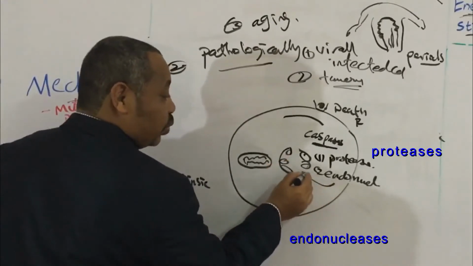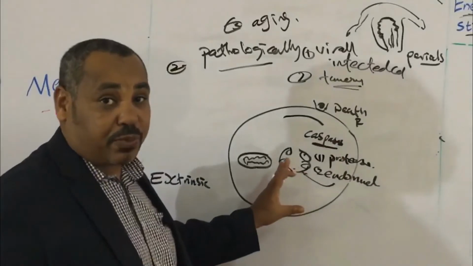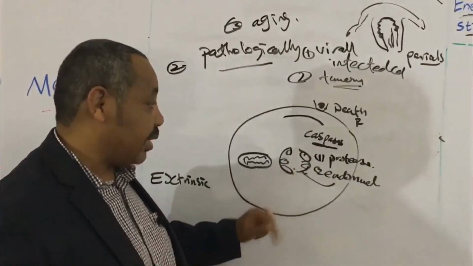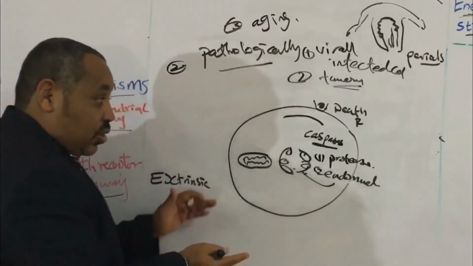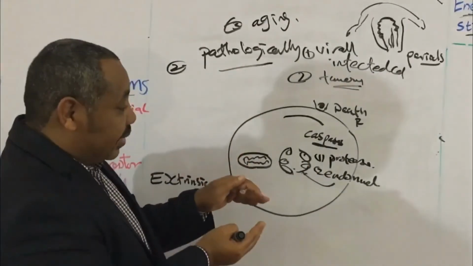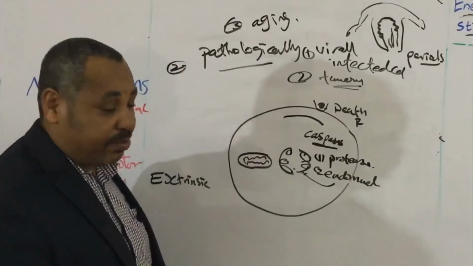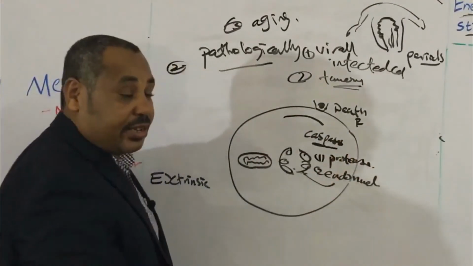Proteases digest a lot of structural and functional proteins inside the cell. So the result of that is reduction or shrinkage of the cell due to loss of some of the organelles and digestion of them, and also loss of some part of the cell membrane.